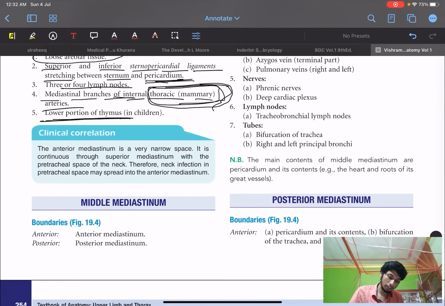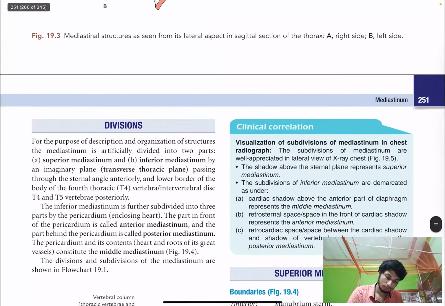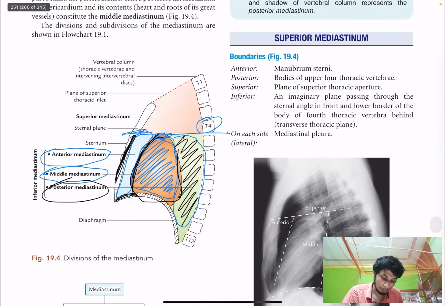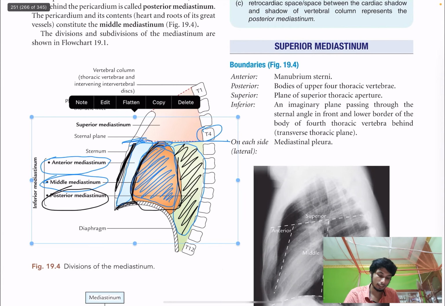Now let's discuss the middle mediastinum. What are the boundaries? Anteriorly the anterior mediastinum, posteriorly the posterior mediastinum, and on two sides the mediastinal pleura, inferiorly diaphragm, superiorly the transverse thoracic plane.